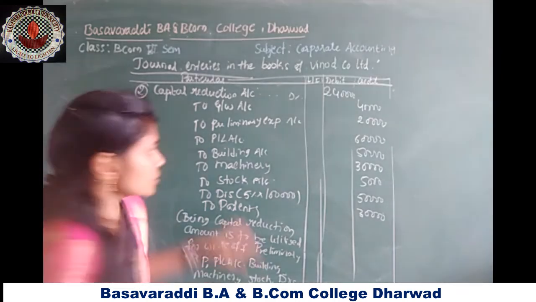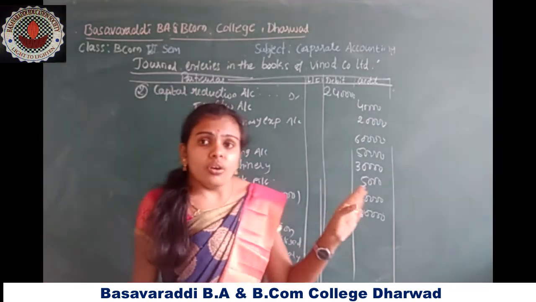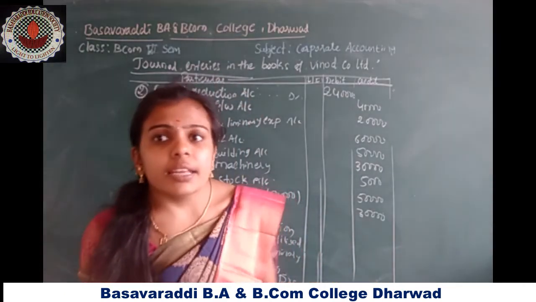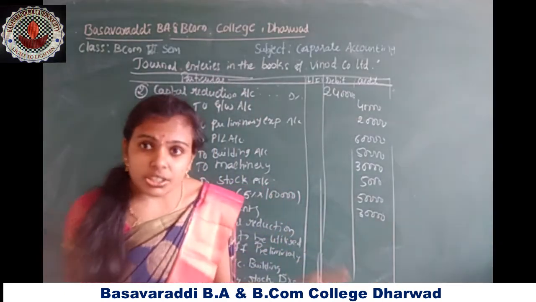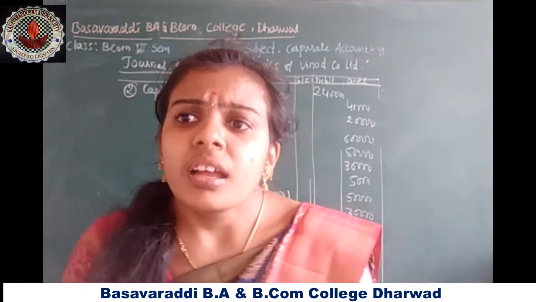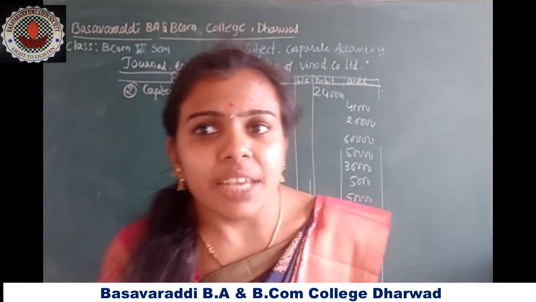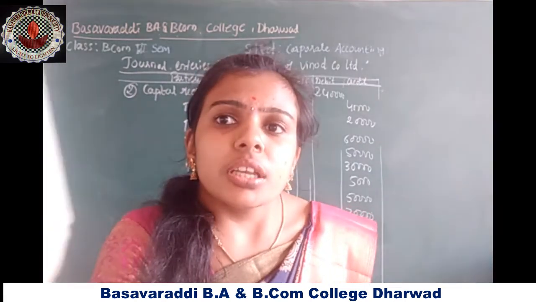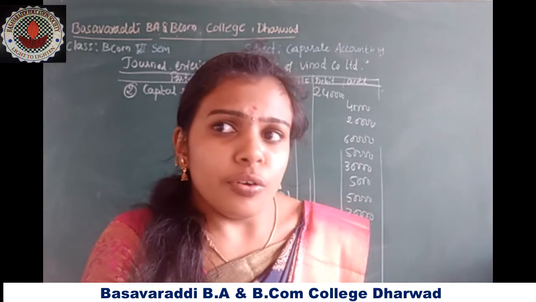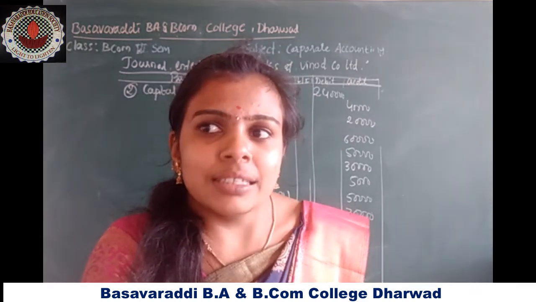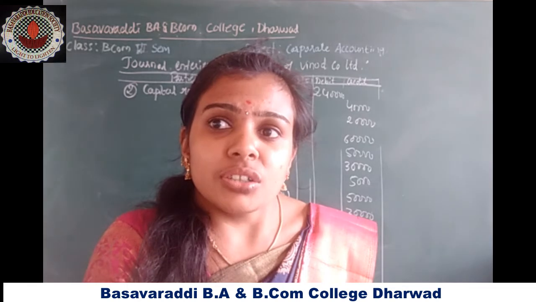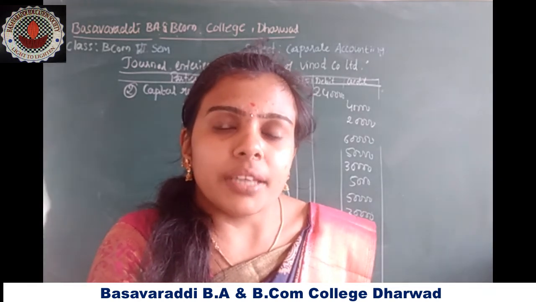I hope you understood the calculation of capital reduction and how to pass the journal entries regarding the capital reduction amount. Next point is scheme of reconstruction. When the need for reconstruction of a company arises, the company has to obtain the sanction of the court for reduction of capital.